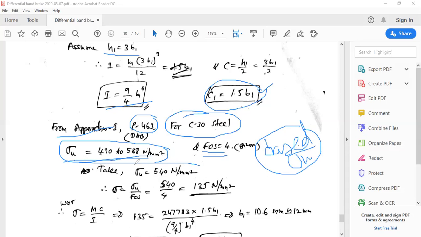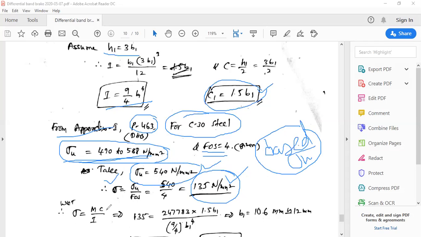Here sigma u is assumed as 540 Newton per mm square. You can even assume 500 or 580, but an intermediate value is to be assumed. So if I assume 540 Newton per mm square, then the bending stress sigma b, or simply sigma, is equal to sigma u by FOS. That is 540 divided by 4, which is 135 Newton per mm square.